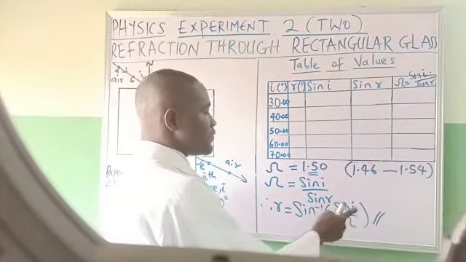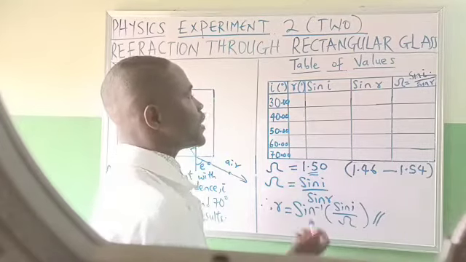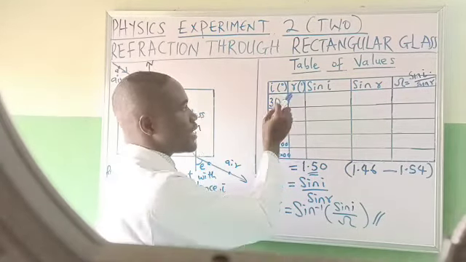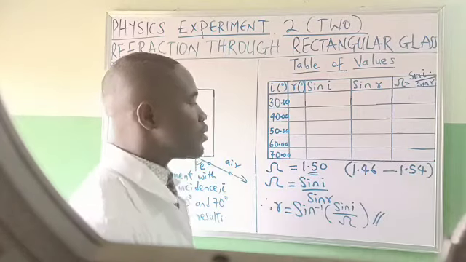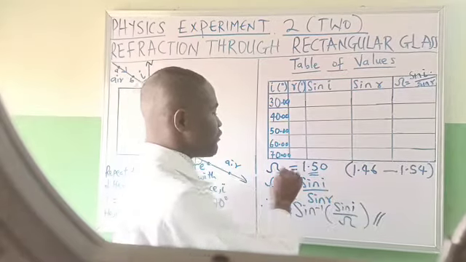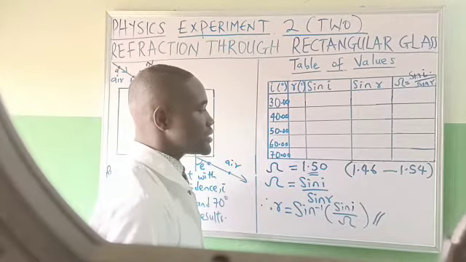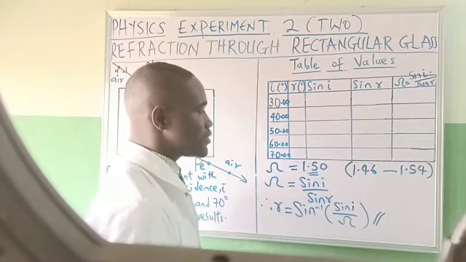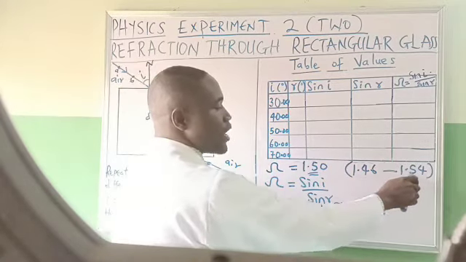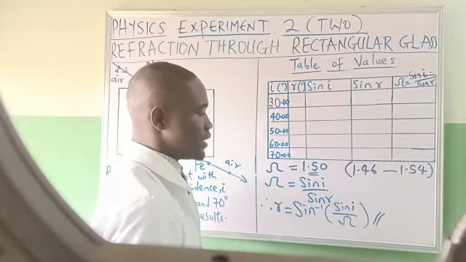This is the formula we are to use to get the value for each of the spaces in this column for refracted angle. Remember, this is the possible range for the refractive index of a rectangular glass prism, so I have to pick one of these refractive indices.